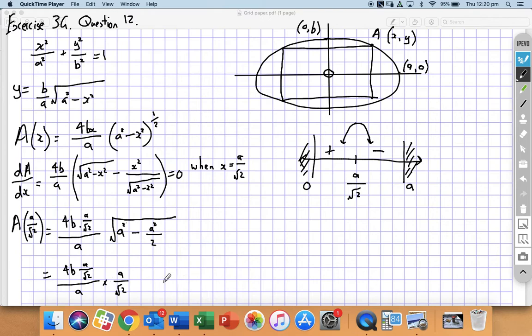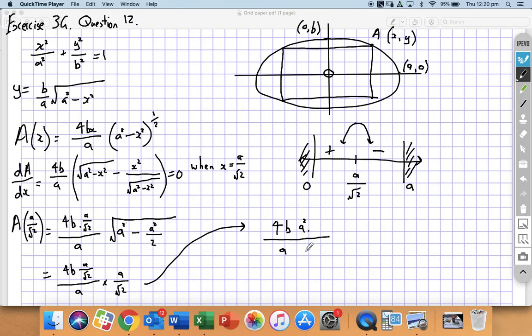And these are multiplied. Okay, let's find some space over here. What's next? Let's put all this together in the one fraction. We've got 4b on a. Up here we'd end up with a squared divided by root 2.